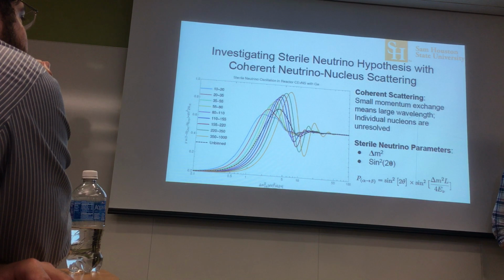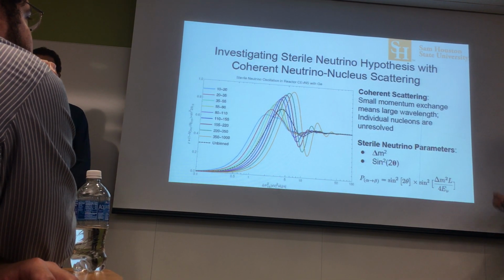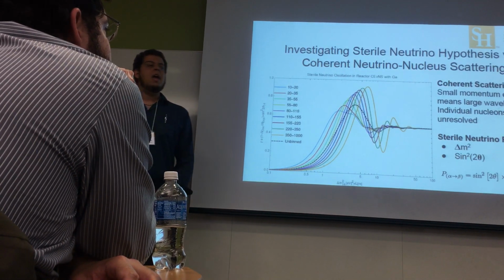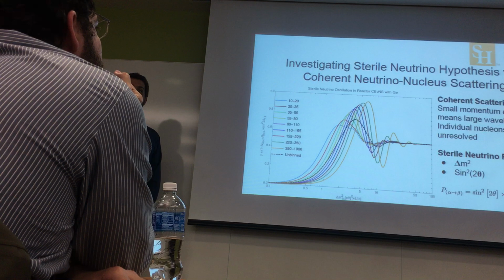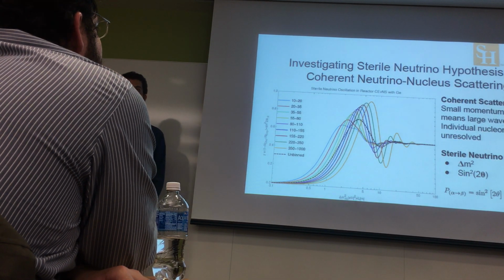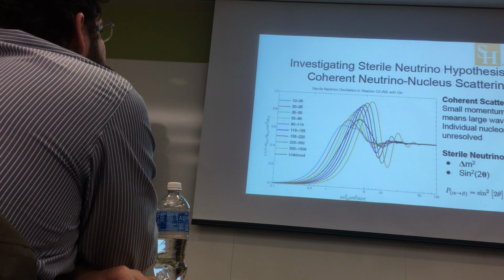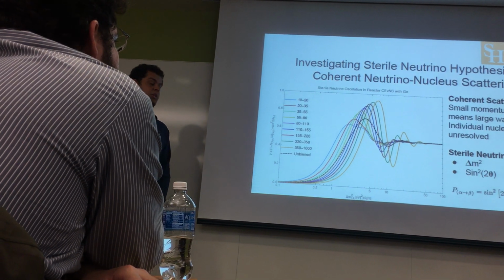The sterile neutrino hypothesis states that there might be a fourth neutrino that does not interact through the weak nuclear force. There have been some experiments that have shown a deficit of the neutrino flux with respect to the expected one, and one of the possible explanations for it might be the sterile neutrino hypothesis.